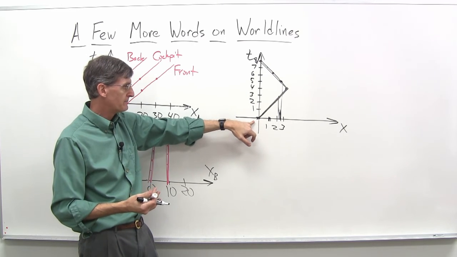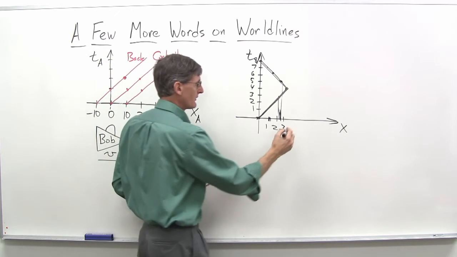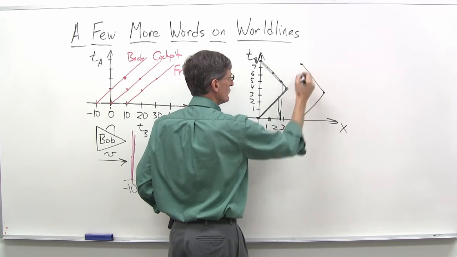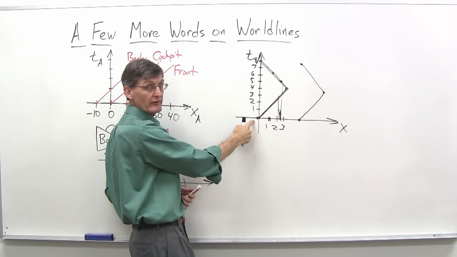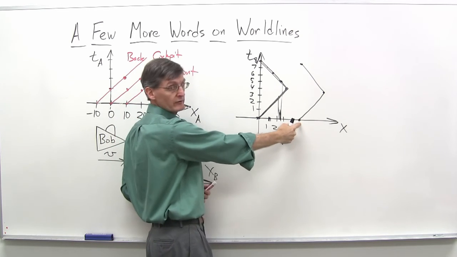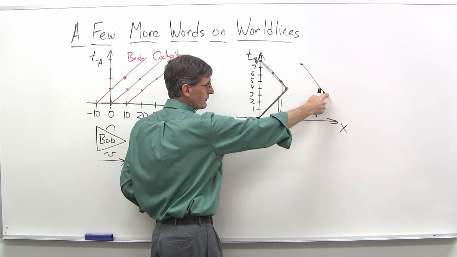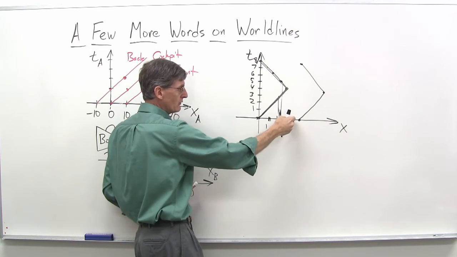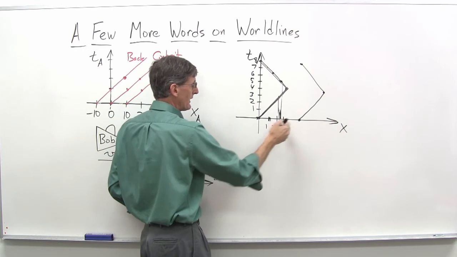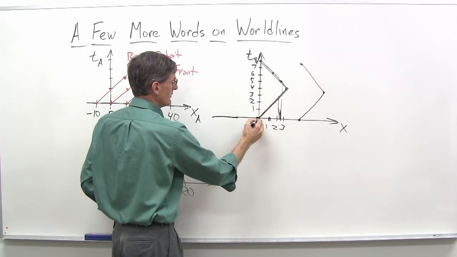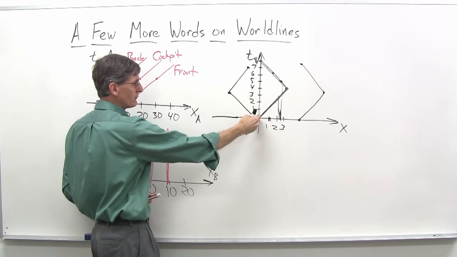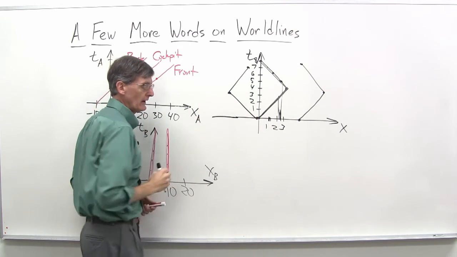You could also have a world line like this, where it moves out here and moves back there. So this time, starting at position 5 or 6 out here, it moved out to some further position and then moved back. Again, along the x-axis, it's moving out and then back in. Or if you want to go the other direction, you can move this way, and then to some position like that. So there it's moving to the left, and then back to the right again.